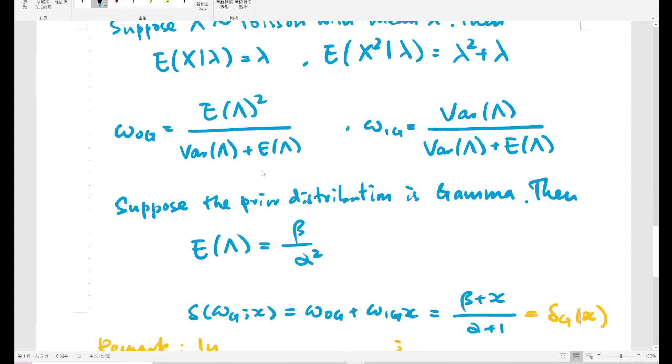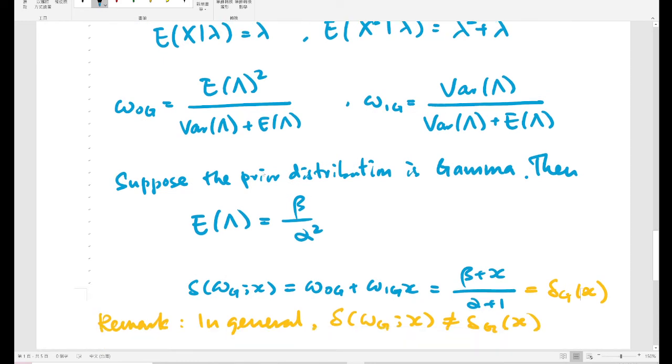Just like our previous example, we may assume the prior distribution of lambda follows a gamma distribution. Then it is a very straightforward algebraic exercise to find that the decision rule is in fact of this simple form, beta plus x over alpha plus 1.